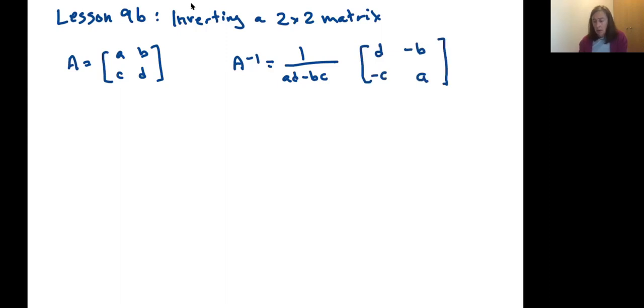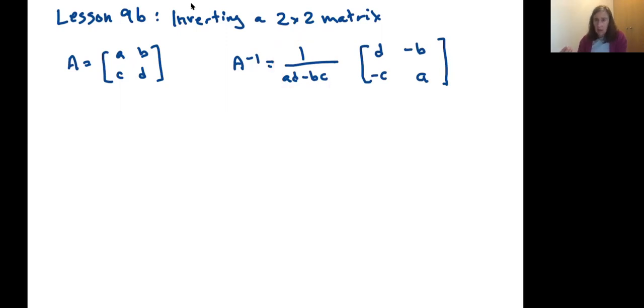Okay, so what do we do to find the inverse? First, we take the on diagonal elements, A and D, multiply them, and we subtract off the off diagonal, the opposite diagonal, the southwest to northeast elements. So this is a number that we get.